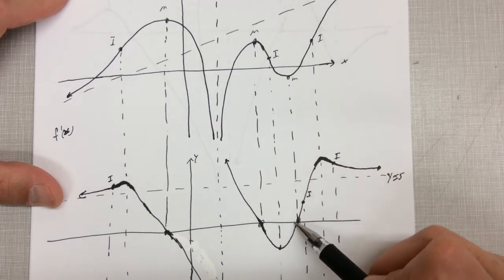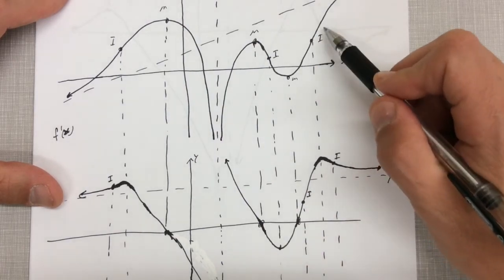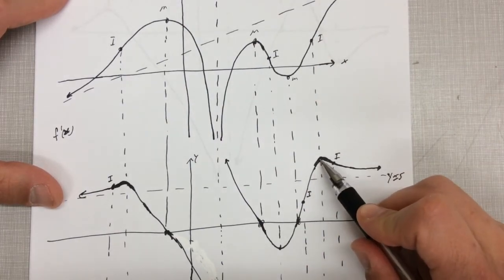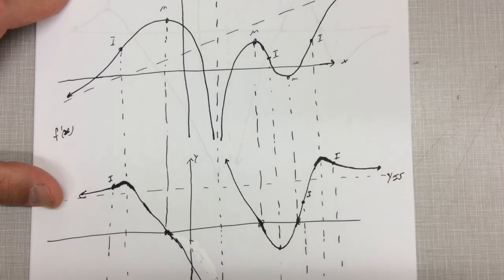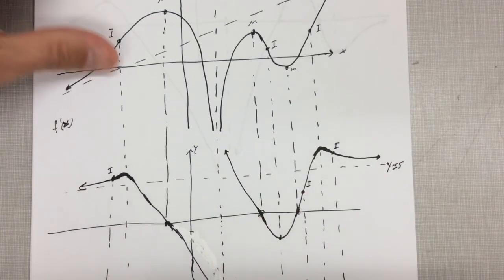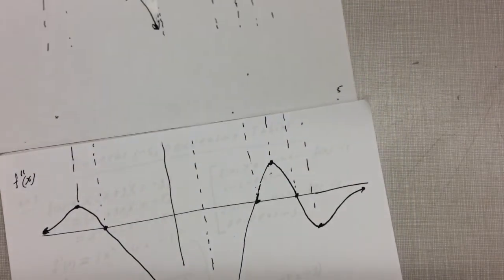Okay, so at this point here, the slopes of the tangents are a maximum for this function, and so we have a maximum for the derivative. And then they start tapering off to 5 again, so they come back down again. Okay, so that's what the derivative function would look like. The second derivative function, well, we now have to analyze the derivative function.